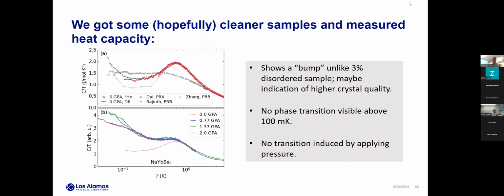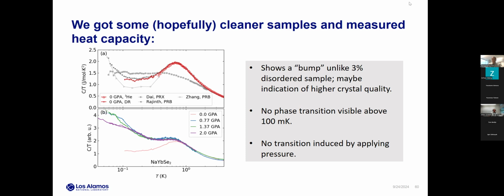And so we worked with some chemists, most notably Haidong Zhu at University of Tennessee, and he grew us a cleaner sample. Well, honestly, what we hope is a clean sample, but we don't have the most clear evidence for this. No site mixing is visible in the X-ray scattering.